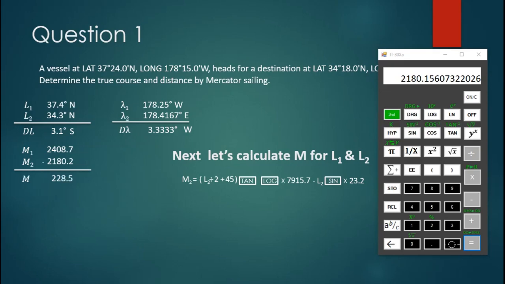And we subtract the smaller from the larger because both of our latitudes are on the same side of the equator.